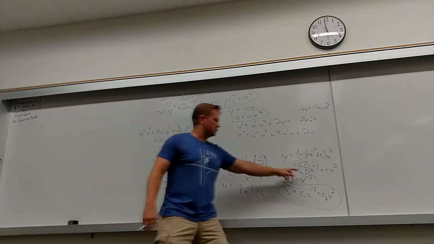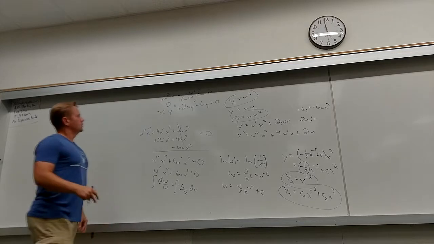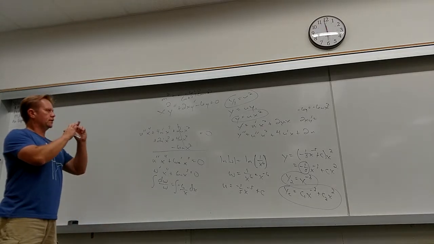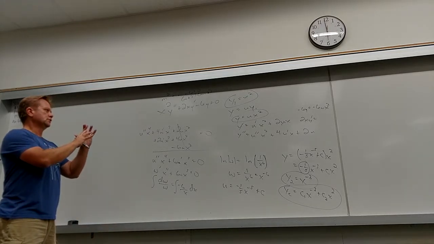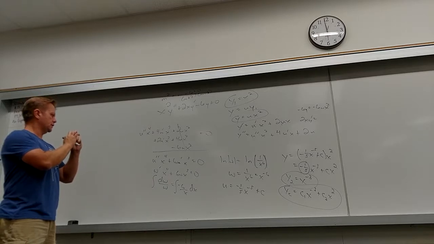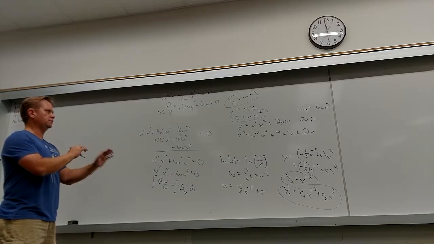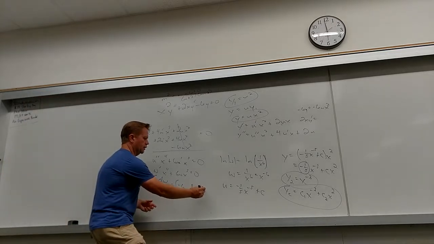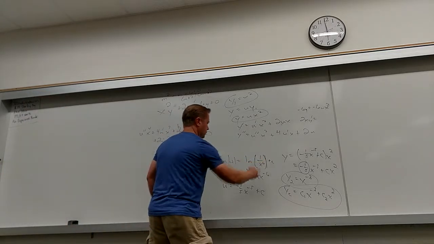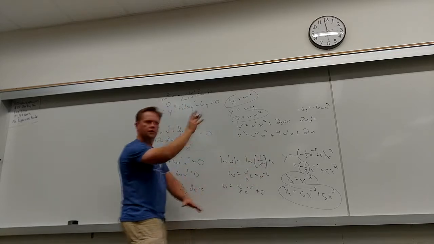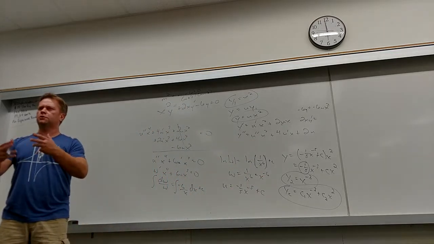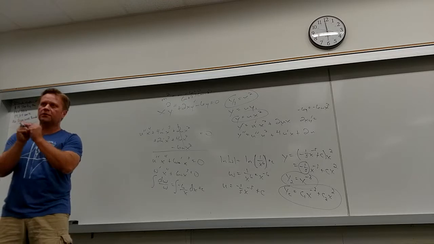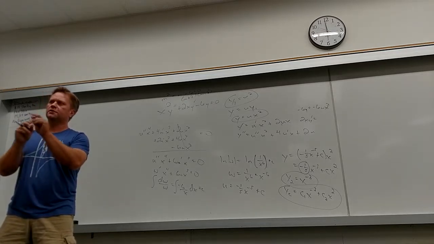But this is too specific. There are some assumptions. I left off a plus C here that would have been absorbed into the coefficient here. So that specific number doesn't even matter, to be honest.